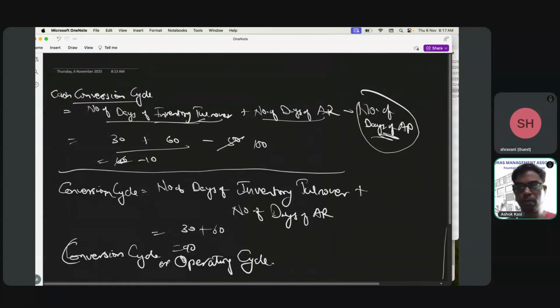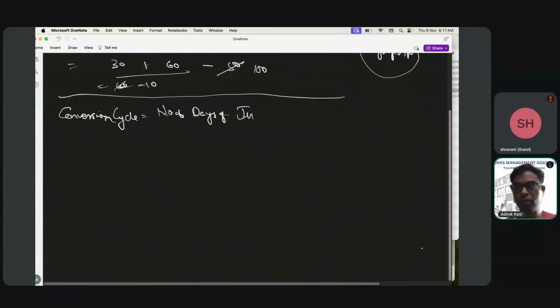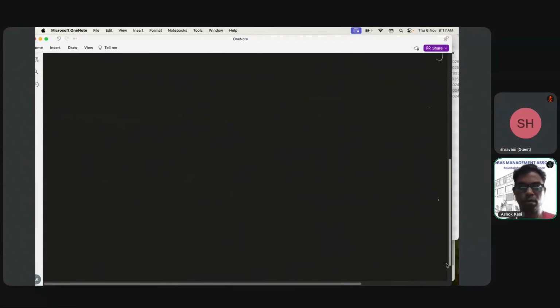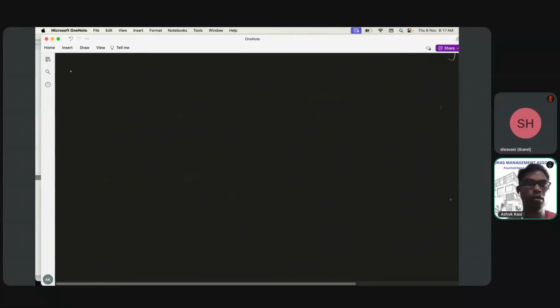So, what is number of days of inventory turnover ratio? Okay. So first of all, before that one, we need to know what is inventory turnover ratio. Inventory turnover ratio means what?